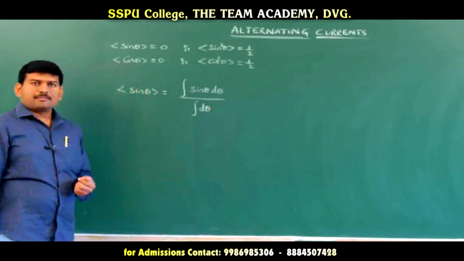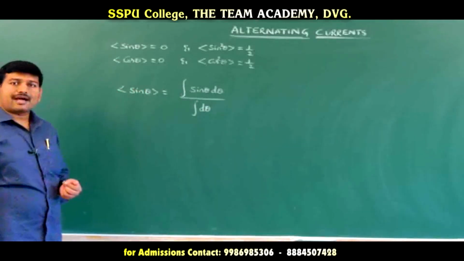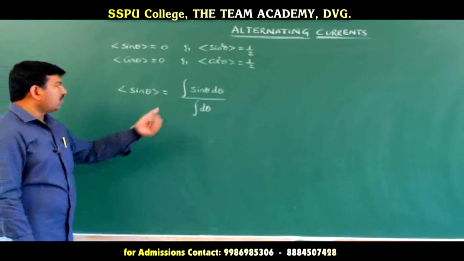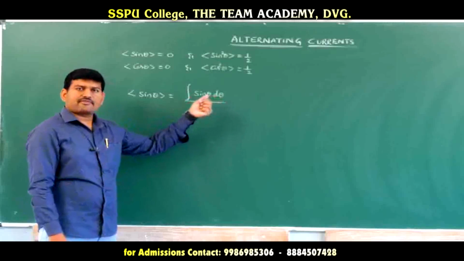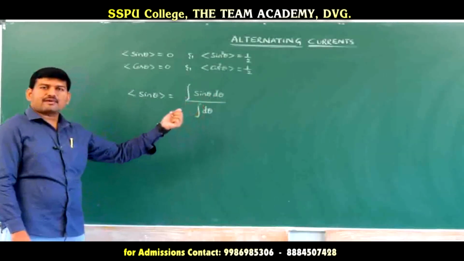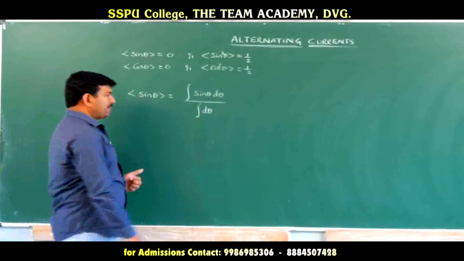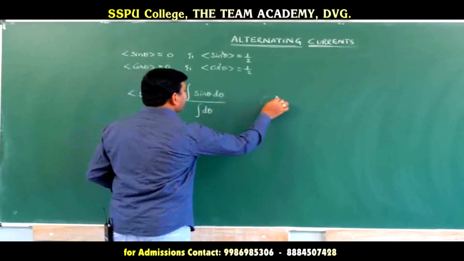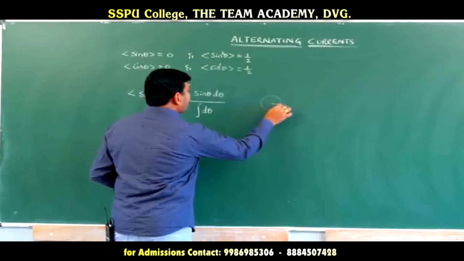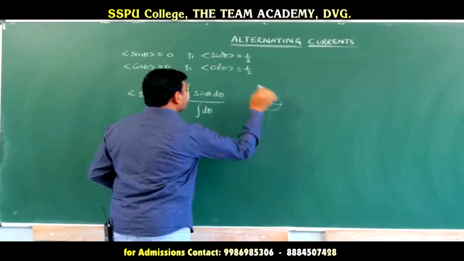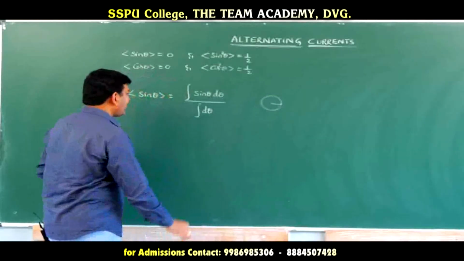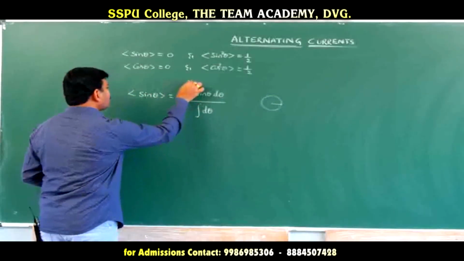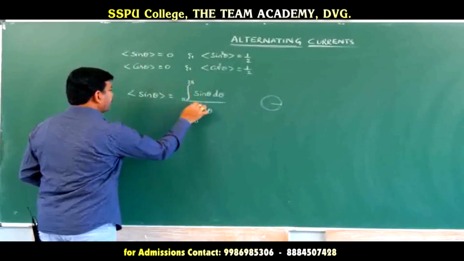It is a mathematical way of representing the average value. Where does the theta value change from and to? In a full cycle, theta varies from 0 to 2 pi. If this is a complete circle, we start at 0 angle and over the complete circle it is 2 pi. So theta varies from 0 to 2 pi, and here also 0 to 2 pi.